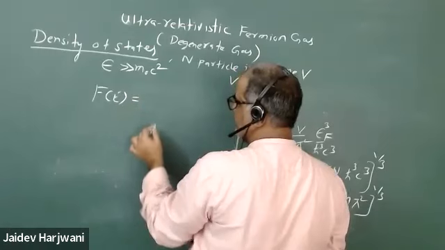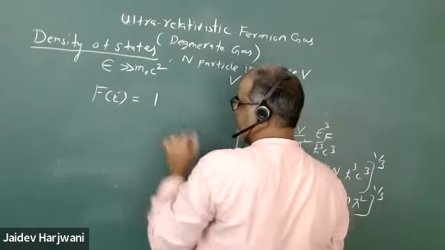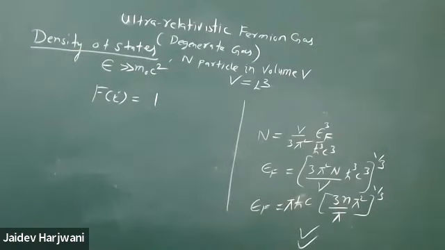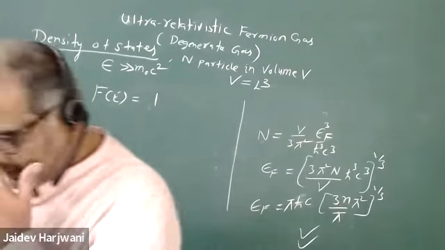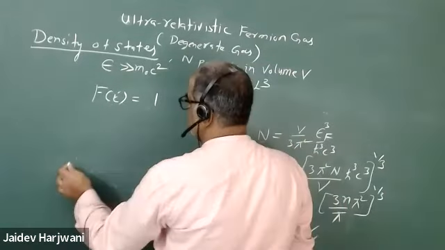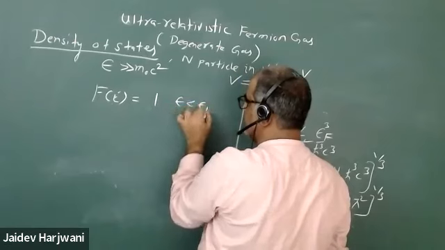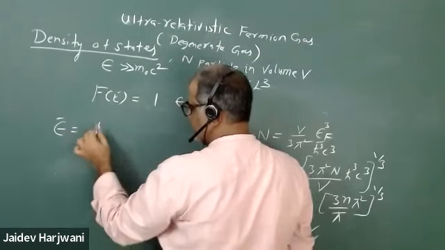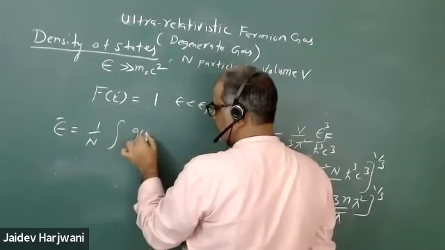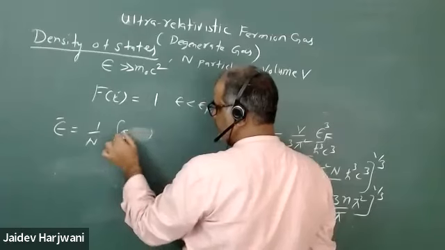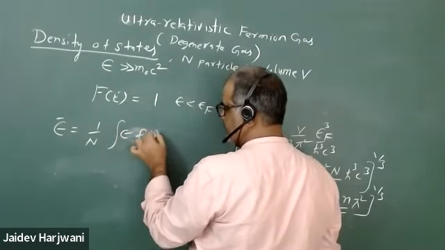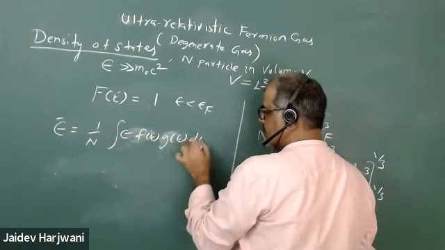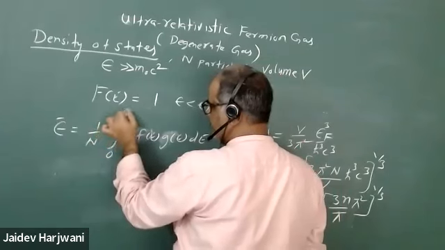You can take the Fermi function, for Fermi level, Fe equal to 1 in this particular case, and you can calculate the total energy. Total energy would be what? So E is less than EF, you can take Fe equals to 1. So average energy will be what? 1 upon n, integral of E Fe G(E) dE from 0 to EF.